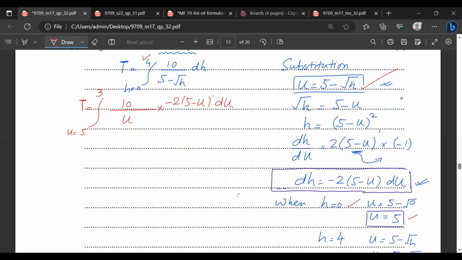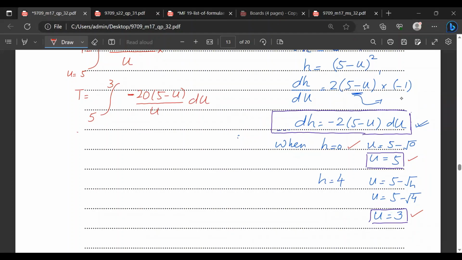Now t is equal to the integral from 5 to 3 of minus 20 (5 minus u) over u du.